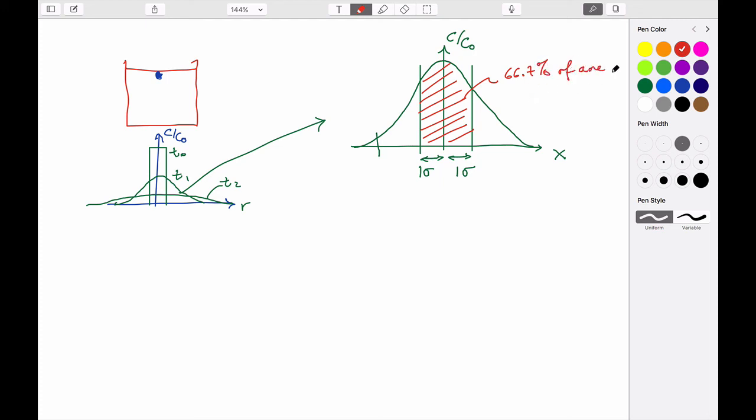If you look at 3 standard deviations, 3 sigma, then I think that means this contains something like, I think it's 99 point something.